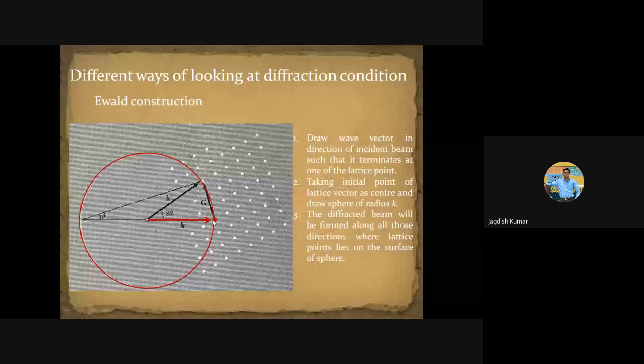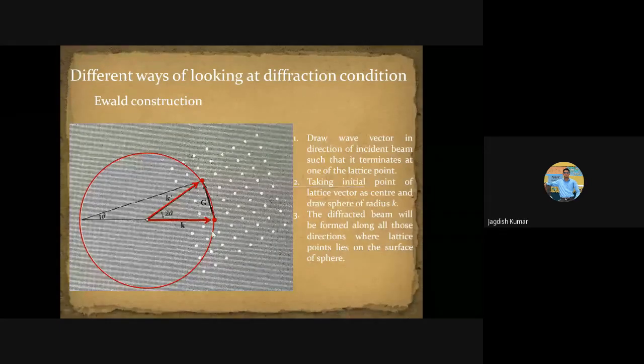Then there may be a second point which also lies on the surface. Let us understand the special relevance of those points lying on the surface. Basically, these are the points which satisfy the diffraction condition.